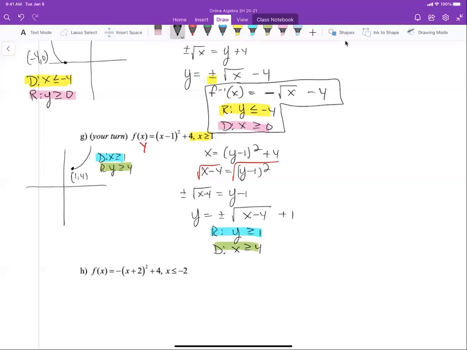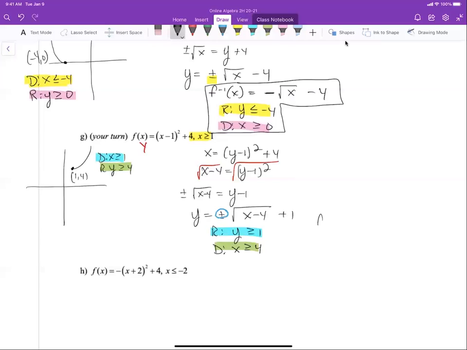Now, I have to decide before I write my final answer which portion, the plus or the minus, of the square root of x minus 4. Well, if my range is now greater than or equal to 1, then I am going to select the positive portion so that I am always ensuring I'm above 1.